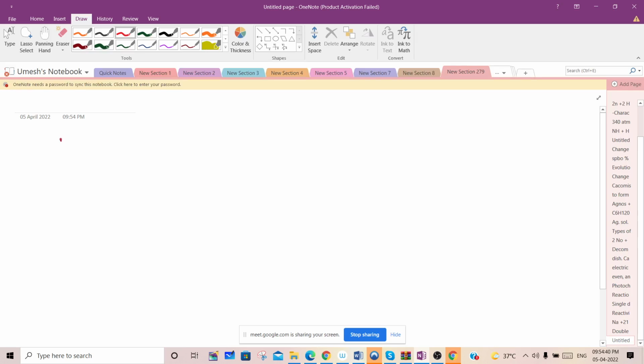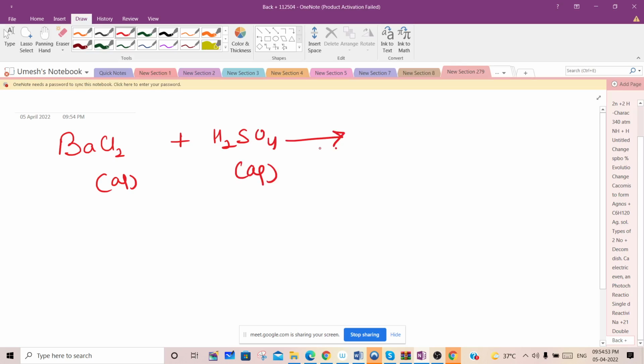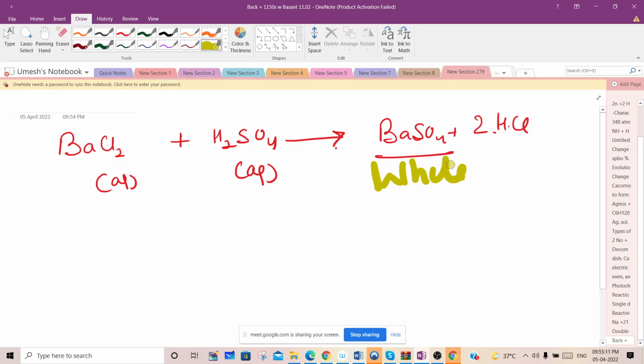Take up this case here. I have barium chloride, BaCl2, and sulfuric acid. Can you make the product for this reaction? BaSO4 plus 2HCl. So here again we are getting white precipitate.